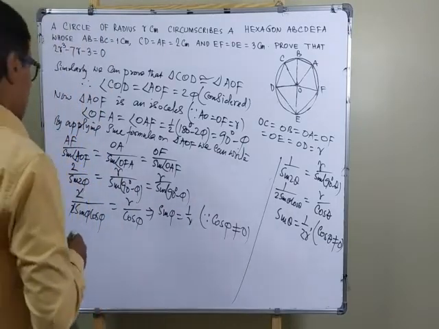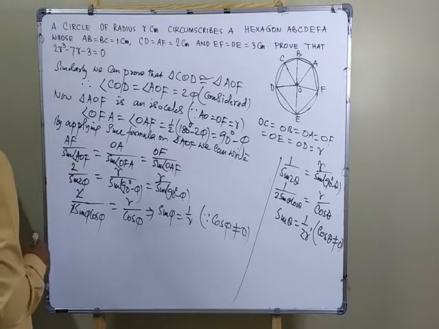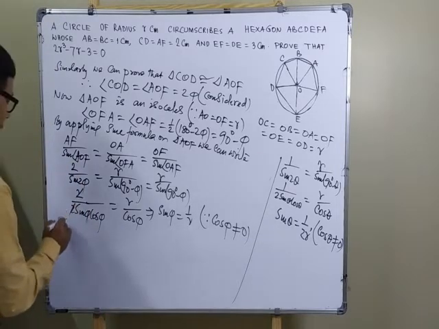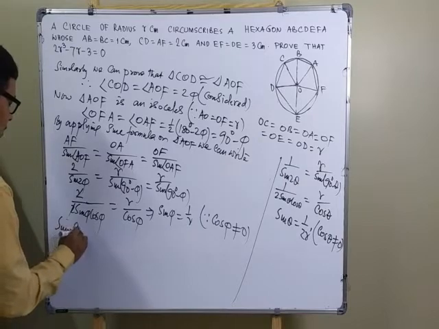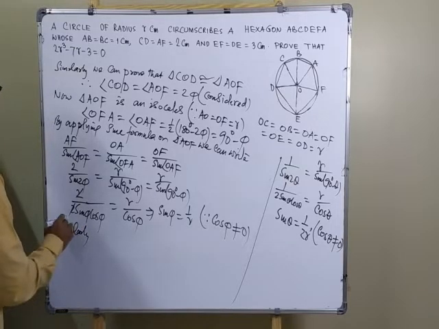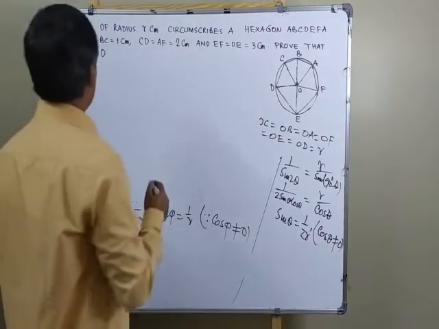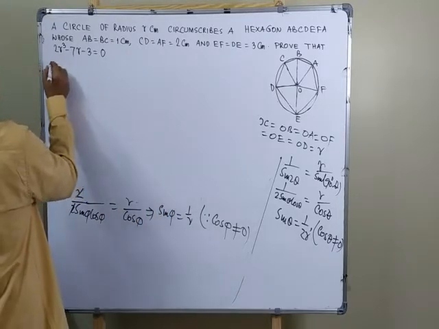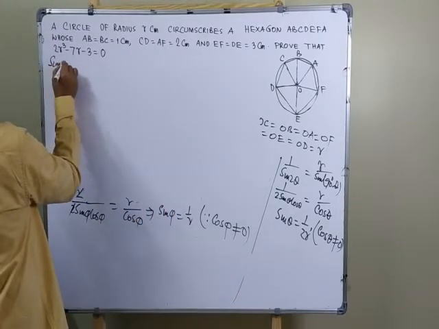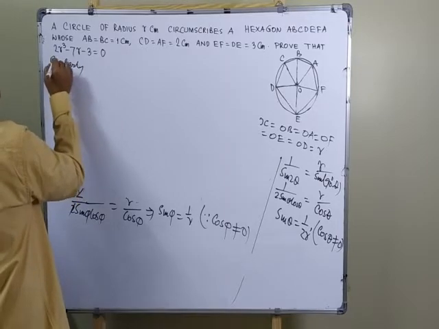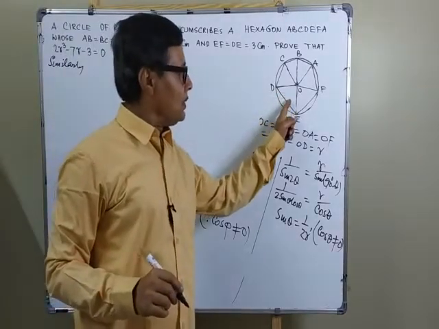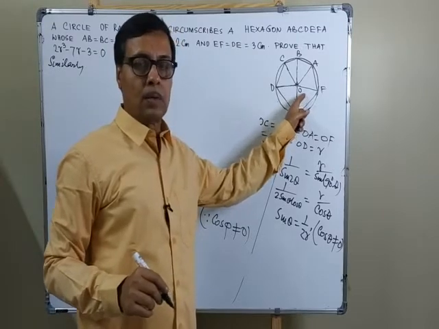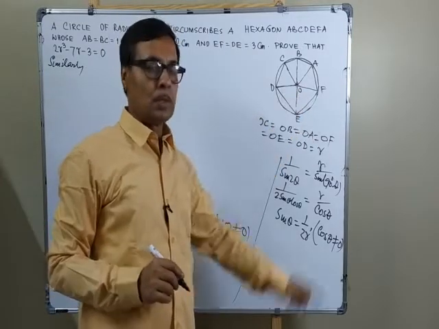So cos phi is not equal to 0. Now similarly, we can prove that triangle DOE and triangle EOF are also congruent to each other.